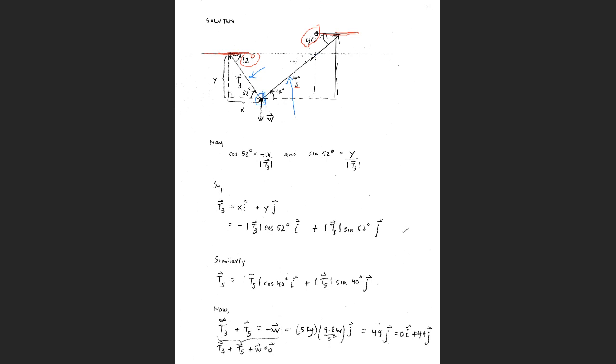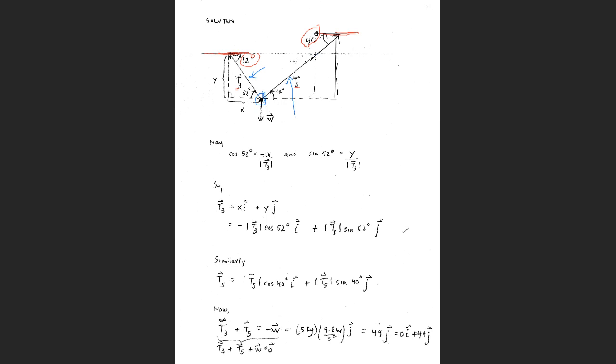The other tension vector is T3. So it corresponds to ropes of 3 meters and 5 meters in length, and that's why the heights are different. It makes sense.